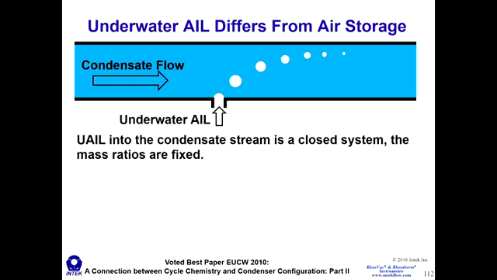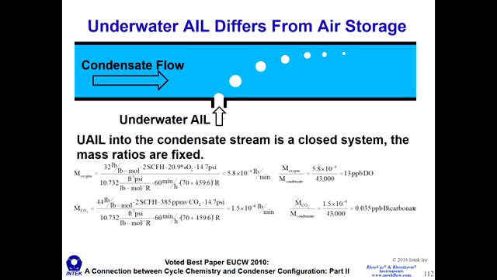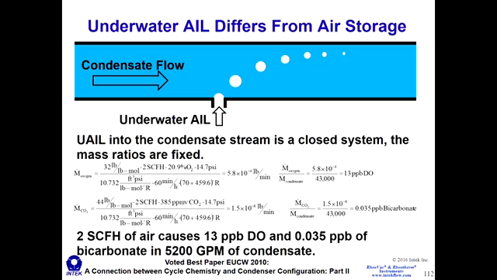And now, to calculate the effect on condensate chemistry, this is really just a mass flow problem. The mass flow of air in-leakage entering the stream plus the mass flow of water, you can calculate the amount of dissolved oxygen and dissolved CO2 in the system. And so with an underwater air in-leakage like this, you'll get a big dissolved oxygen spike, but not much dissolved CO2.